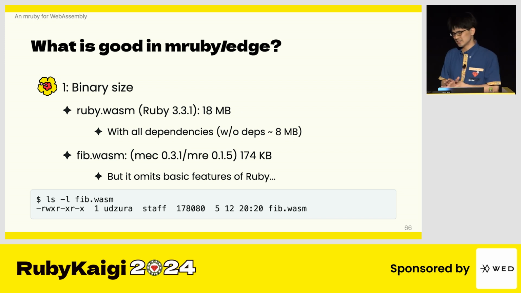It is small enough, I think, but I created fibwasm using mruby edge, and it has just 174 kilobytes, though it omits basic features of mruby, just calculating Fibonacci numbers.